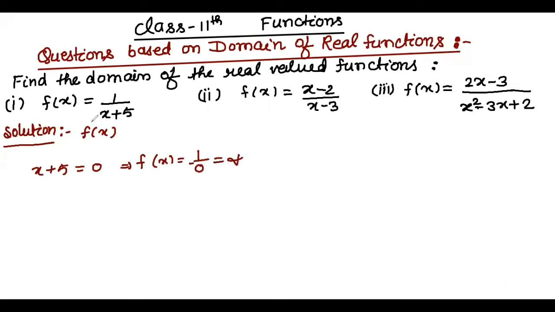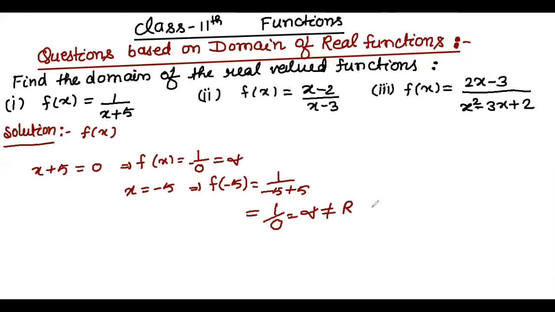So we can't take x + 5 = 0. Means we can't take a value of x so that this denominator part will be 0. If I am applying x = -5, so here f(-5) will be 1/(-5+5), means it will be 1 by 0. It is infinity, not a real number. So because of that we have to avoid it.